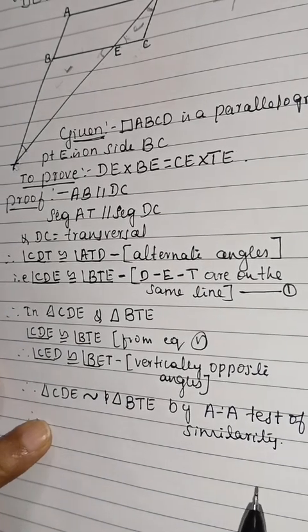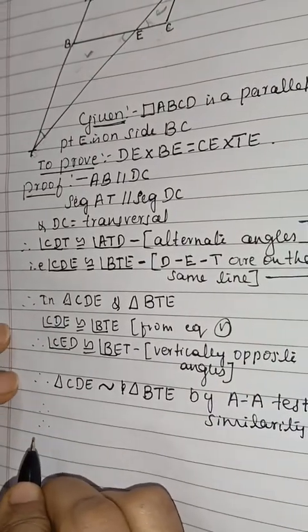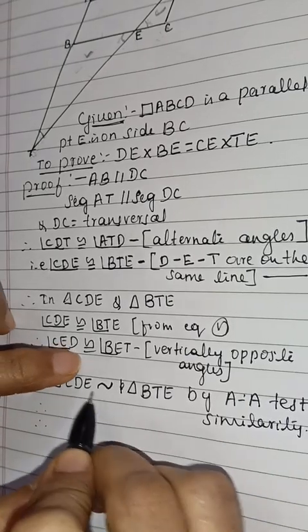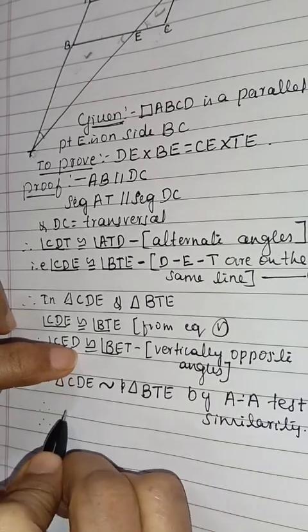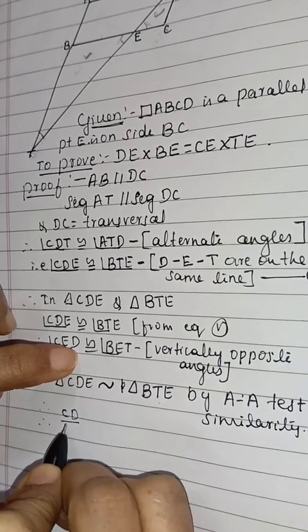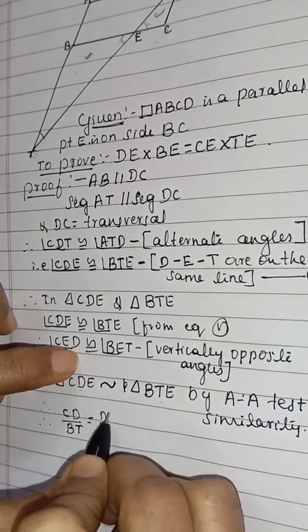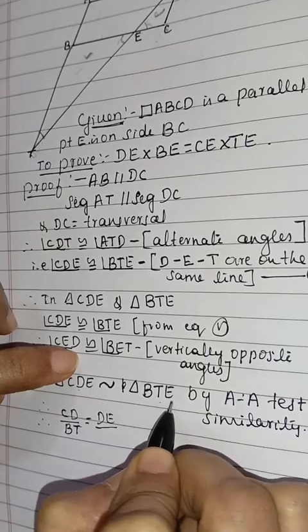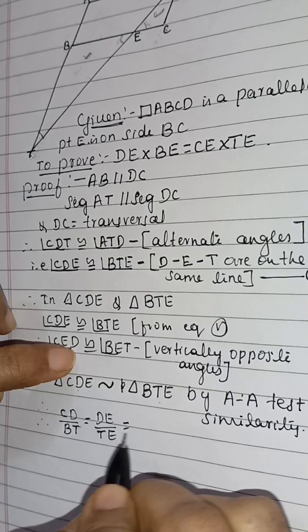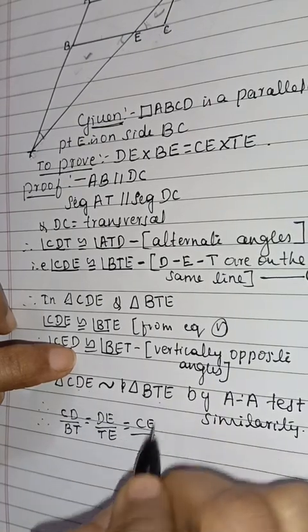Okay, similarity. Therefore, now from these two triangles, CD by BT equal to DE by TE equal to EC or CE by BE.